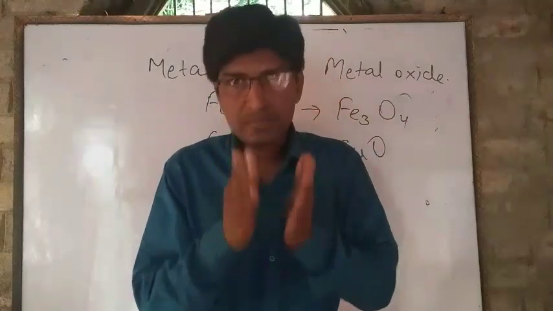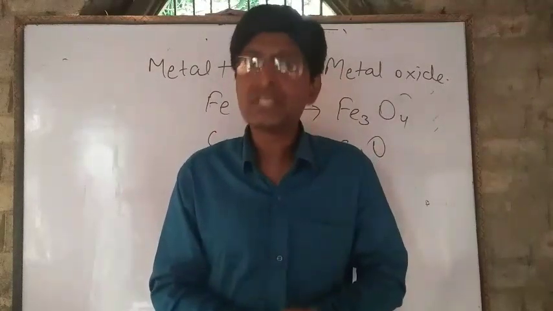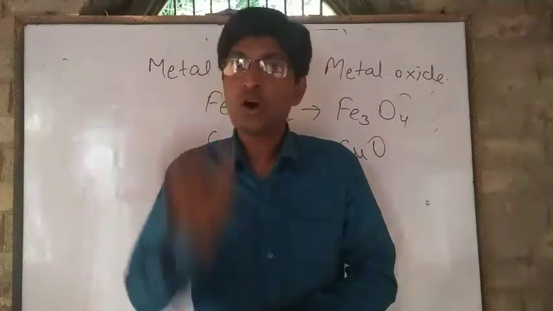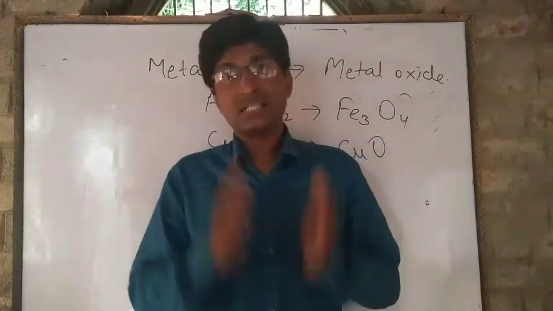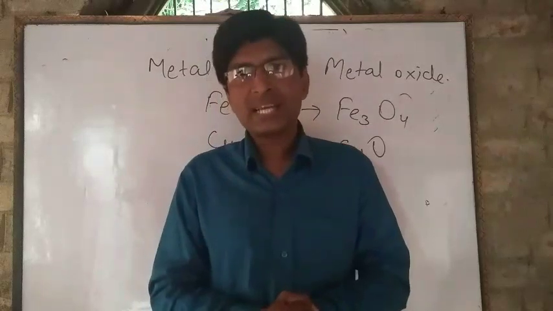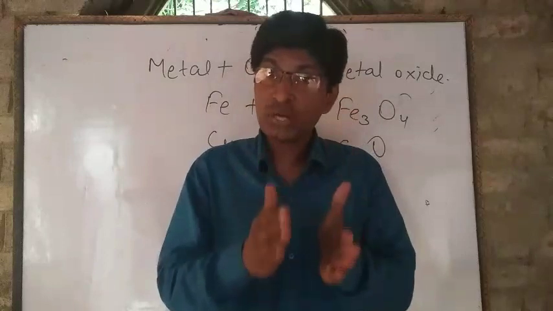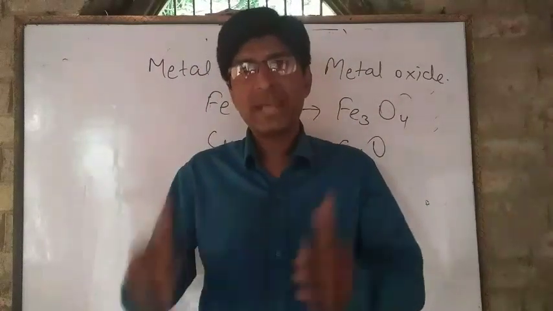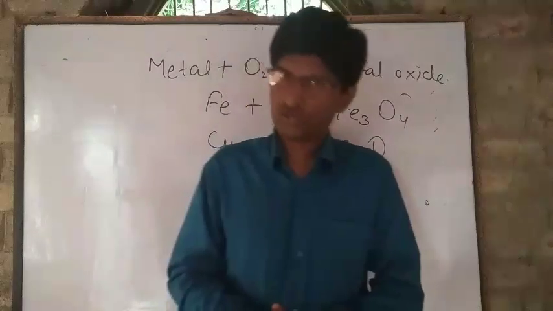But magnesium, zinc and aluminum react with oxygen and form their oxides on strong heating. Iron and copper react with oxygen and produce their oxides on strong and prolonged heating. And silver, gold and platinum do not react with oxygen.